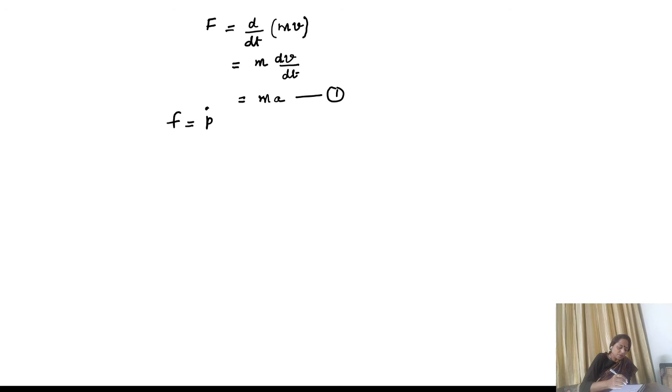Now suppose force is 0, then this implies p dot is 0 or p is constant.